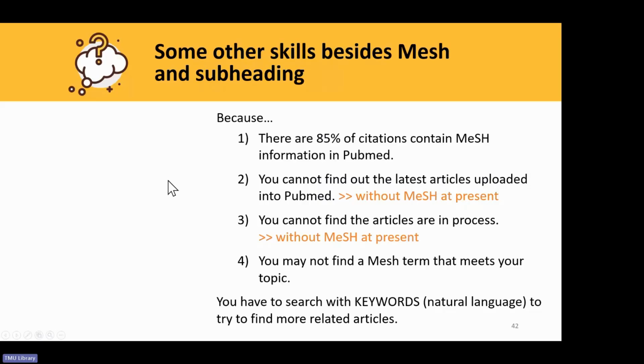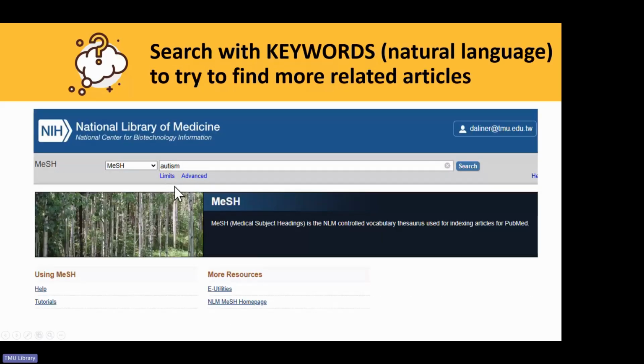So let's see another example, which is MeSH term and natural language. I will show you how to go to the MeSH database. We just learned that when a concept has a MeSH term, it has a lot of relevant terms and synonyms in one MeSH term, which is good.